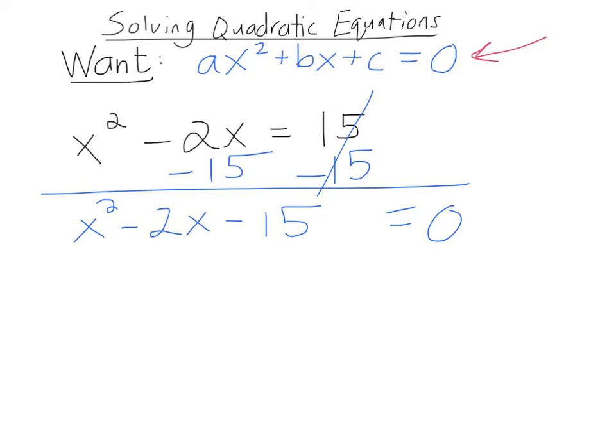From there, what we can do is try and break this up into two factors, or an a times a b if you think about the earlier examples. So first things first, if we want to break this up into a couple of linear factors, because a linear times a linear is a quadratic, well, to get this x squared, the only way to make x squared is x times x.